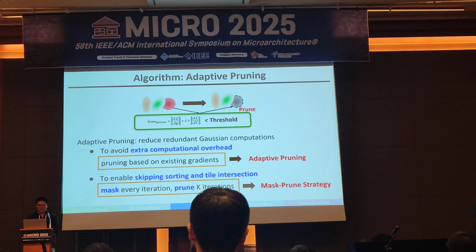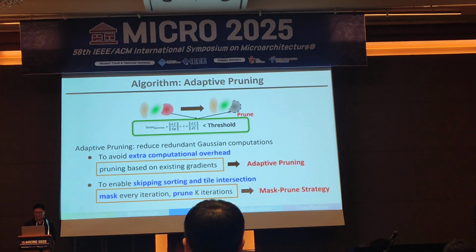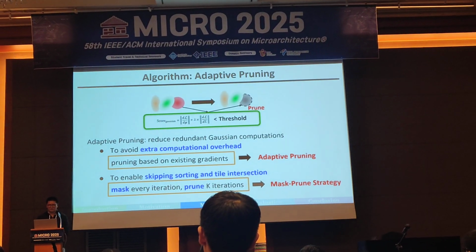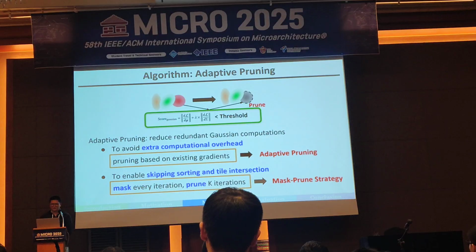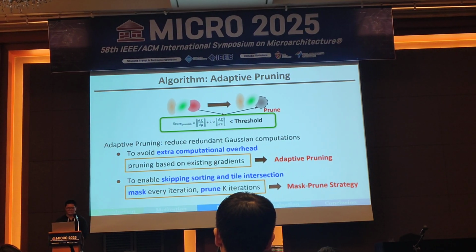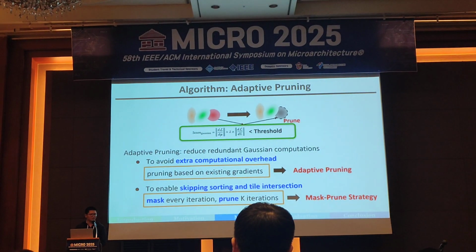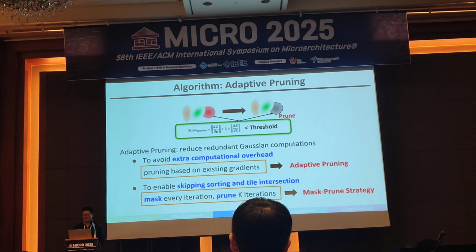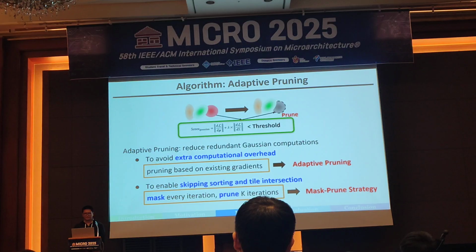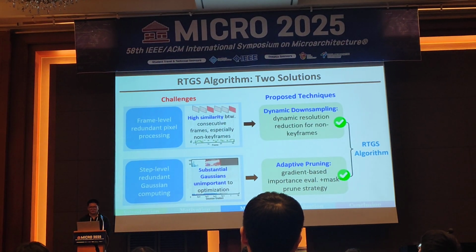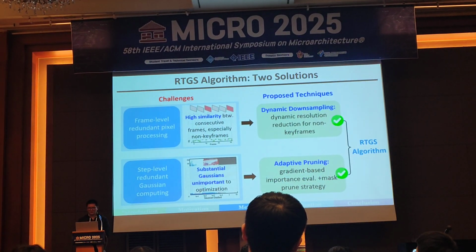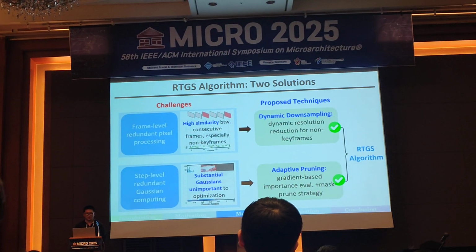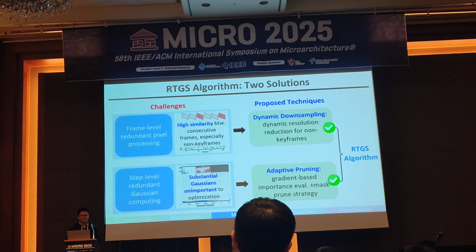To enable skipping sorting and intersection, we introduce a masked pruning strategy, which masks the Gaussians in every iteration and prunes them every k iterations. This allows the system to reuse the Gaussian distribution from the previous iterations, and thereby skip redundant sorting and intersection operations. Through these two methods, we address both frame-level redundant pixel processing and step-level redundant Gaussian computing.